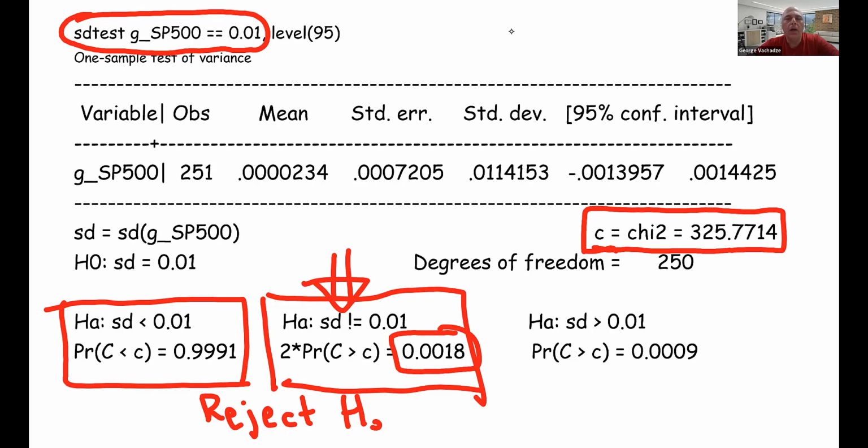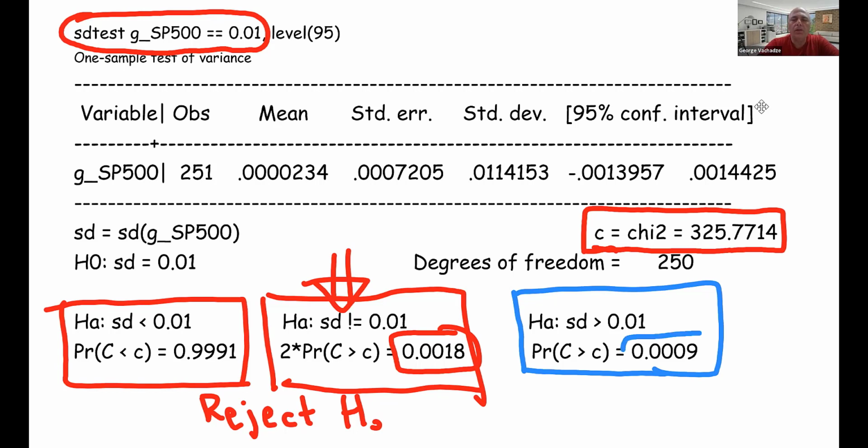Now it's nice to have a look at the alternative indicated in the third column here. This says the alternative is that the daily standard deviation exceeds 1%, and it is important to observe the p-value, which is an extremely low number.